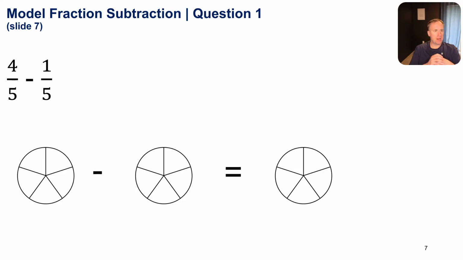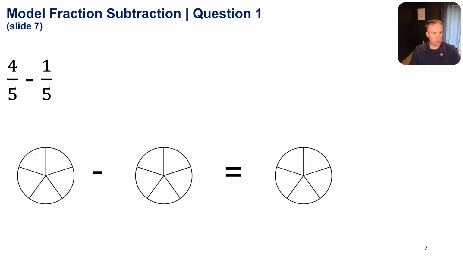Now let's model fraction subtraction, starting with this particular statement. 4/5 minus 1/5. So again, our wholes are divided into fifths. You can see that in the images below. So this first fraction, we would then fill in with 4 slices.